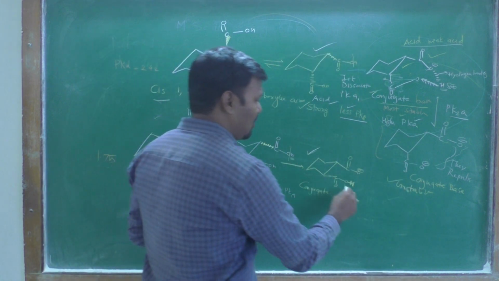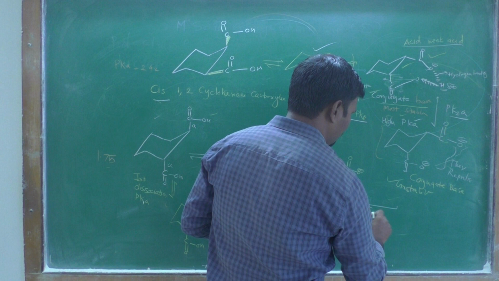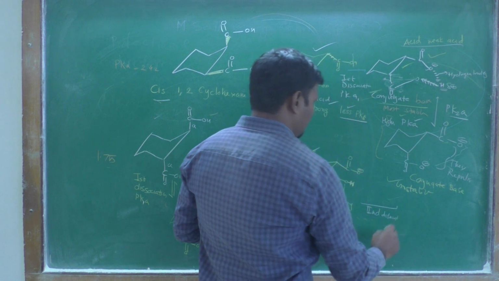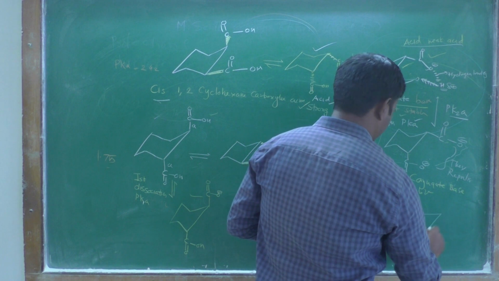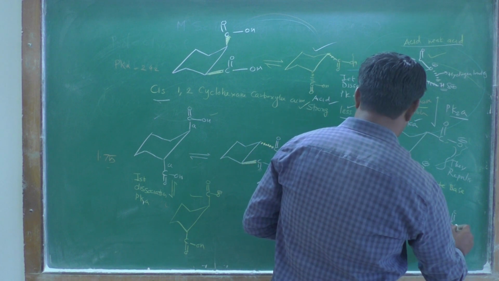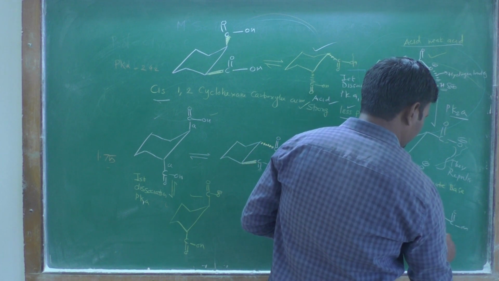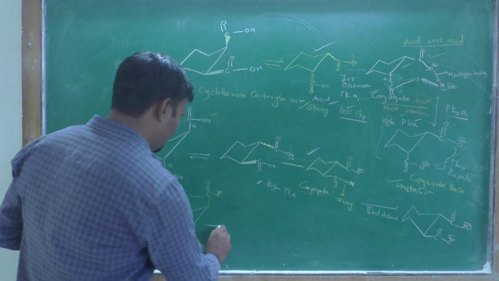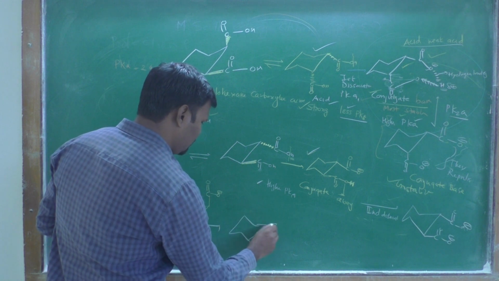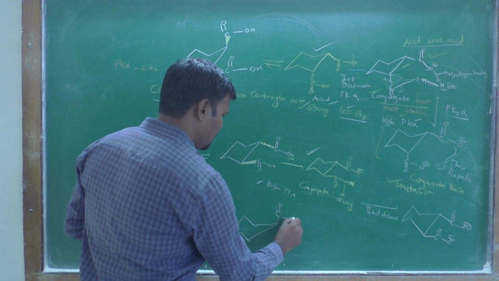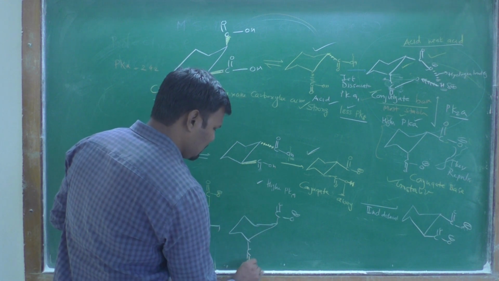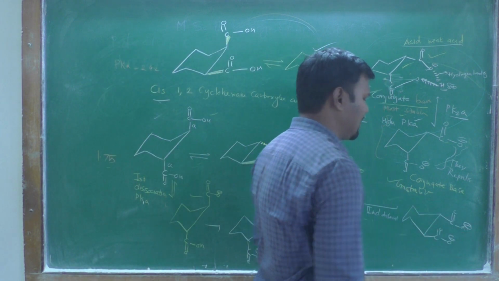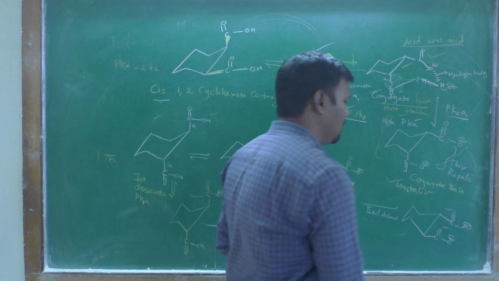In the case of this molecule, consider the second dissociation, the second conjugate base you obtain. You find that these negative charges, these carboxylate ions, are also away from each other.